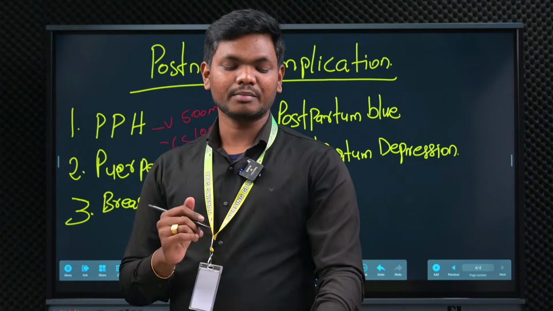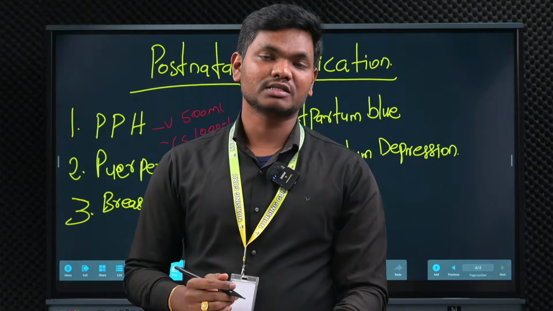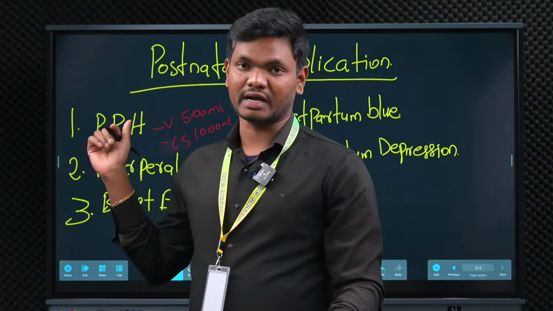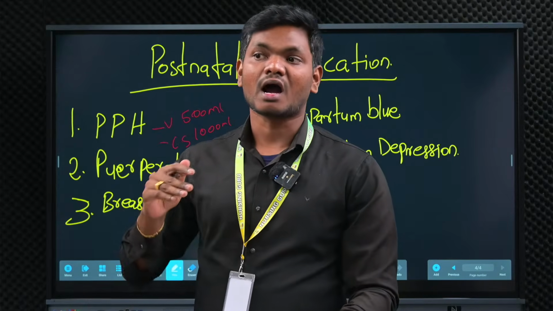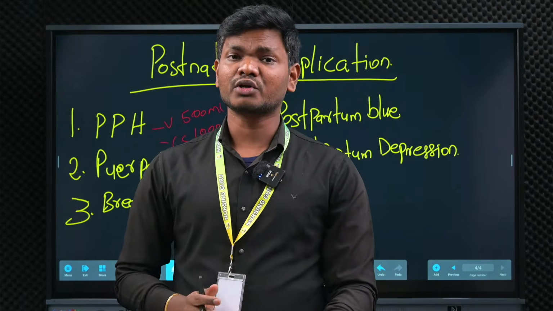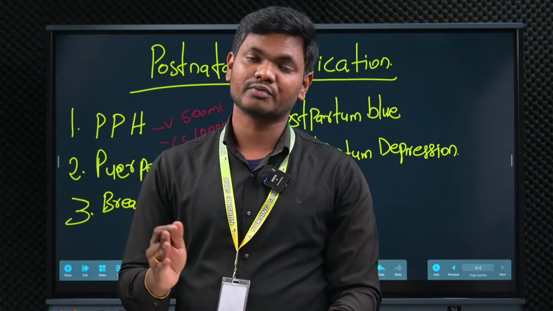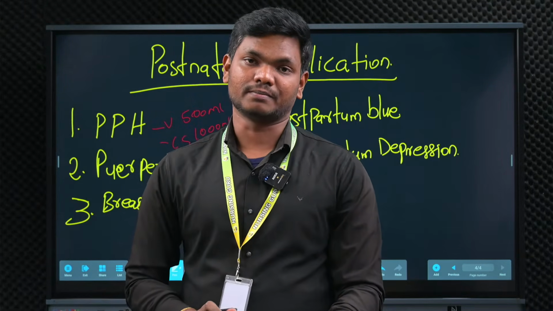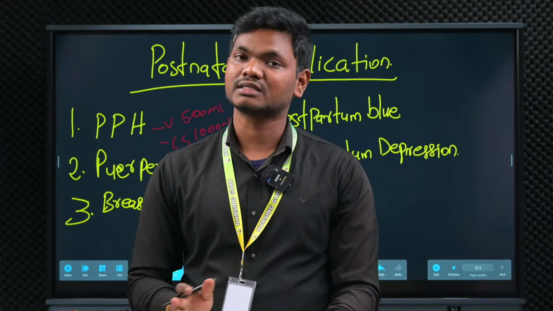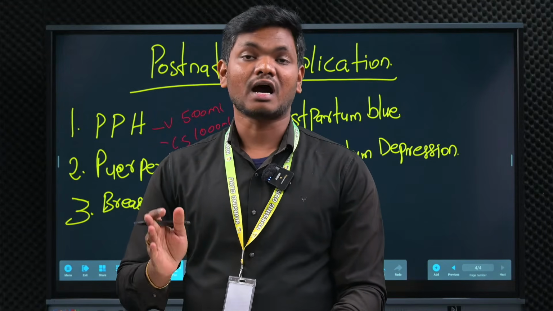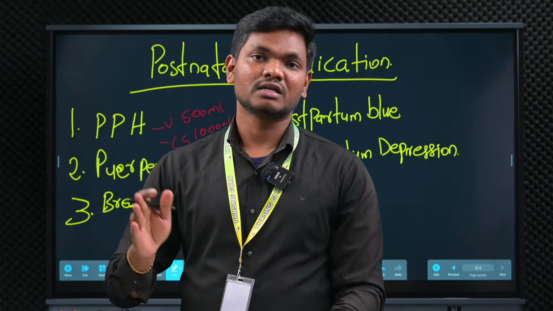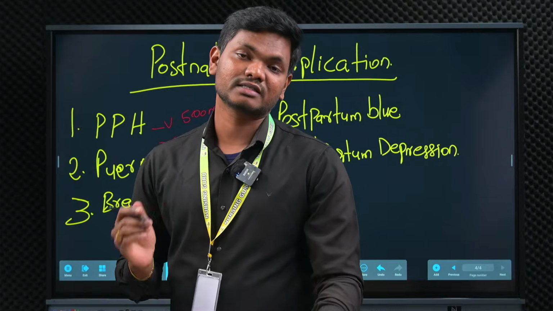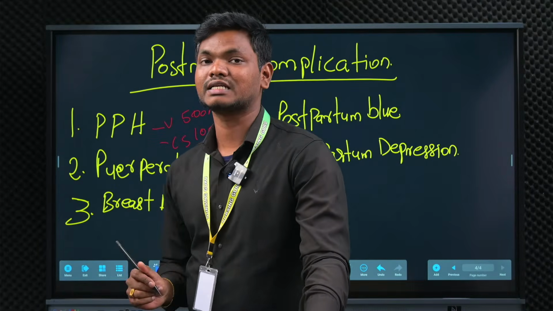Then secondary PPH: the bleeding of more than 500 or 1000 ml occurs after the 24 hours of delivery up to the 6th week of postpartum. So in the postnatal time, if the mother is diagnosed with excessive bleeding after 24 hours till 6 weeks, that is known as secondary PPH.